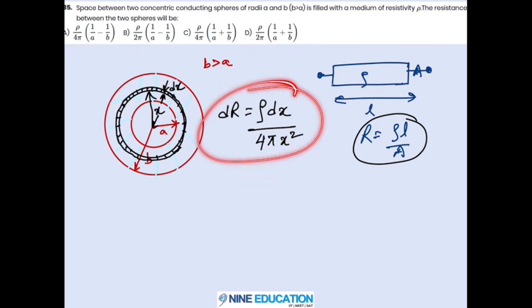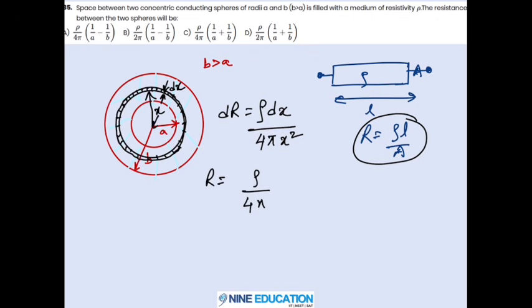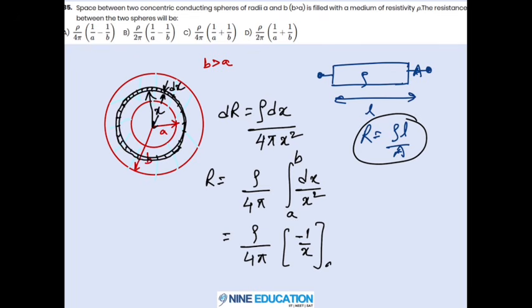Now this is the expression that we got, and all you need to do is integrate this. So R is equal to rho by 4 pi integration of dx upon x square, and x ranges from a to b. And what is integration of 1 by x square? It is minus 1 by x. Substitute the limits a and b.